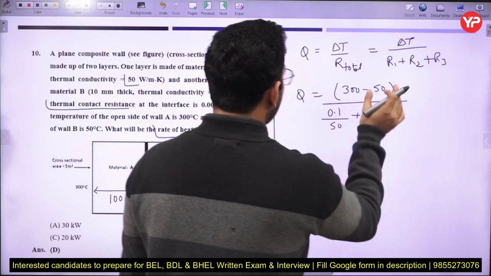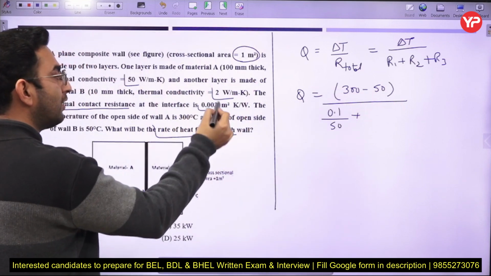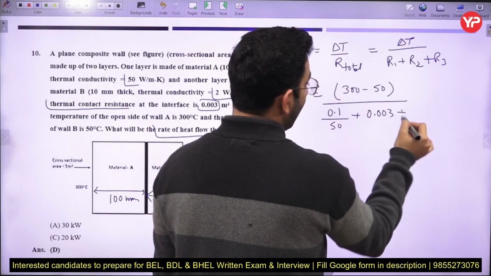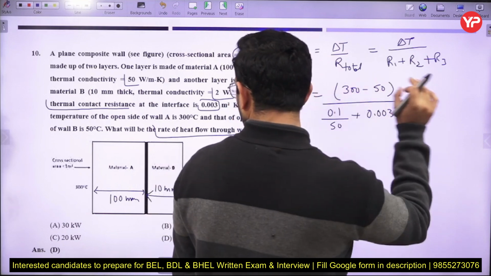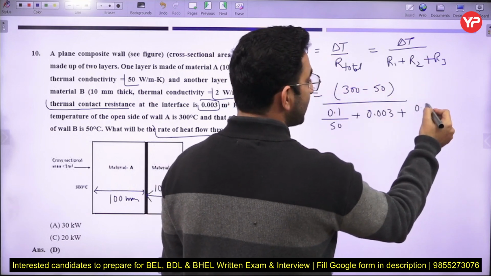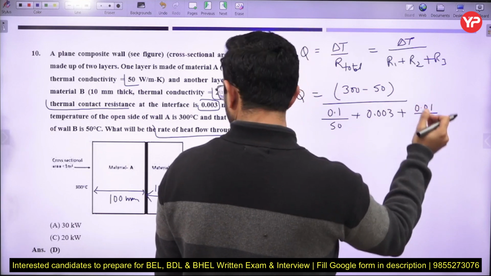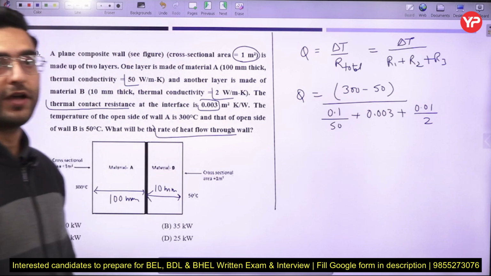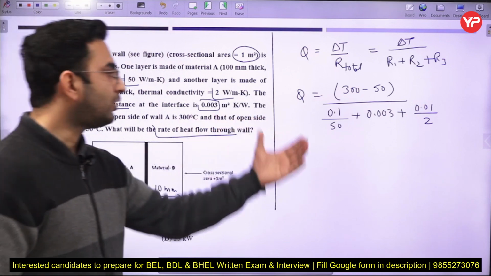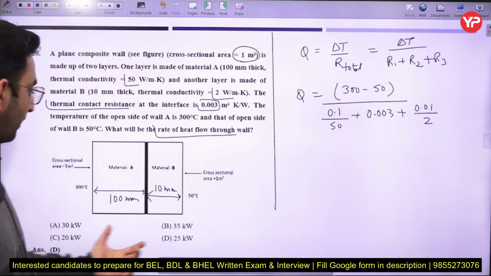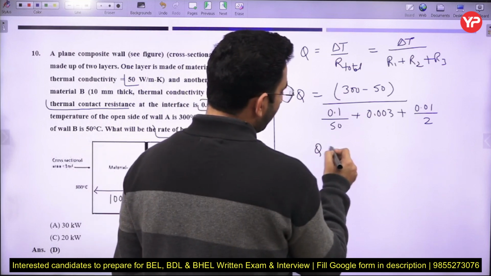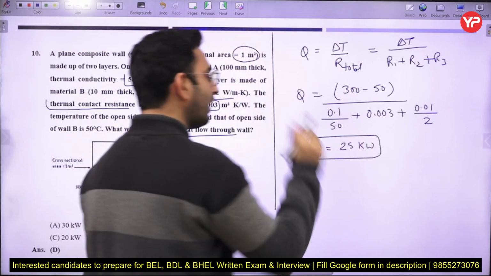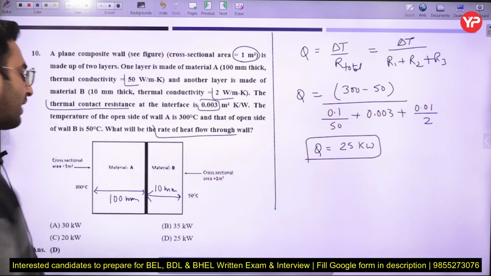Okay, and the value of R2 is given to you as 0.003, and similarly the thermal conduction resistance of the second layer will be thickness divided by conductivity. Okay, so if you solve this expression you will get your final answer, and the answer will be coming out to be around 25 kilowatt. Just calculate it and you will get your final answer. Okay, so option number D will be the correct answer of this part.